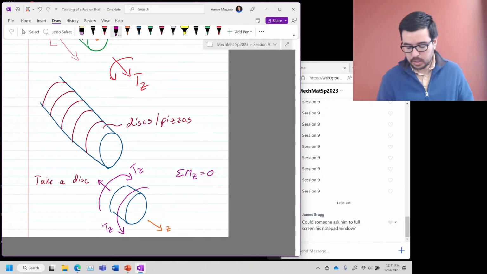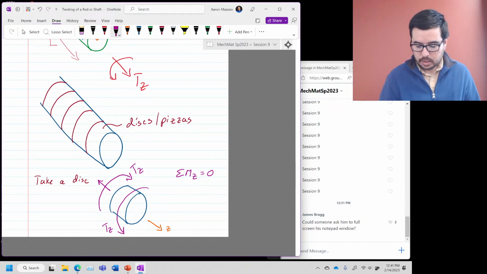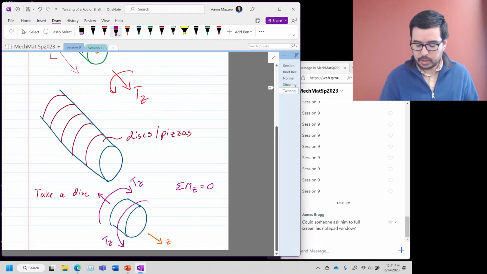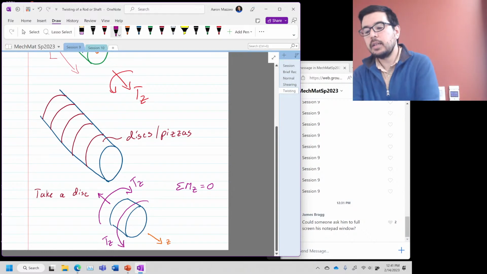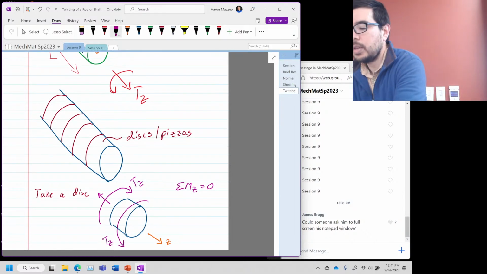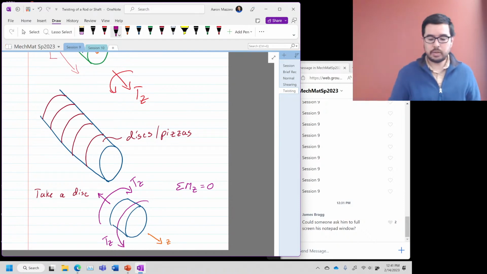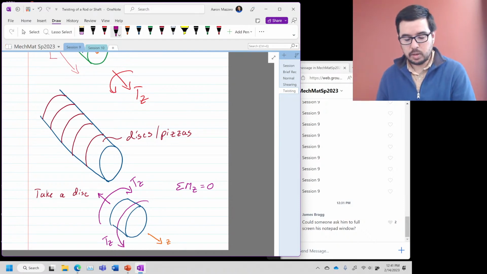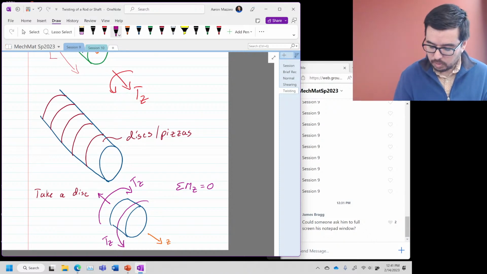So we've got a disk, we've got a piece of pizza. Let's do a little deeper dive into what's happening with that piece of pizza. And we'll say it's a deep dish pizza.